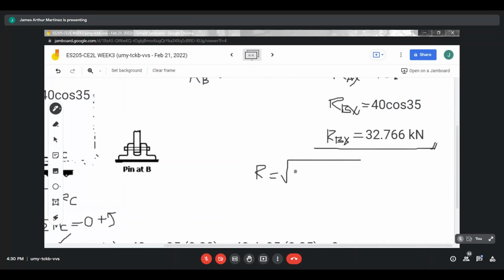So the resultant force at point B is equal to the square root of RBX squared plus RBY squared. So substitute the values to obtain RB.